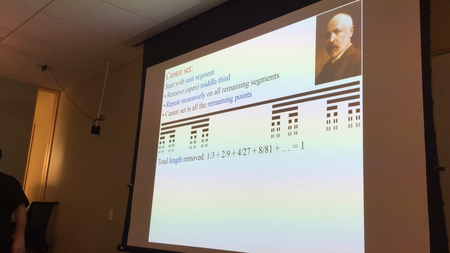But the whole segment is 1 to begin with. So you might say, well, I have a segment of length 1, I remove the total length of 1, so nothing remains. Wrong. There's an infinite number of points that still remain, even though you removed the entire length of the entire segment, which is another weird non-contradiction.